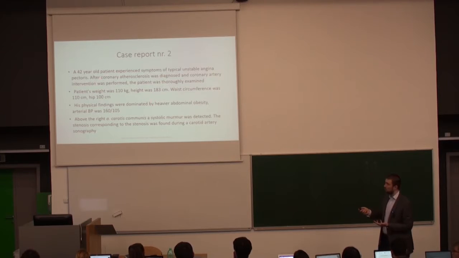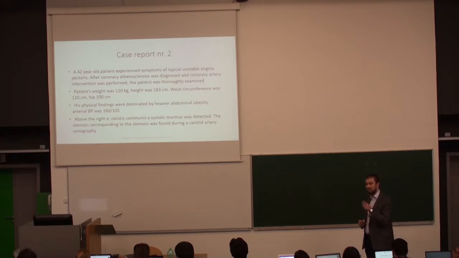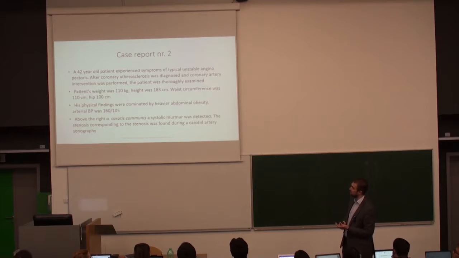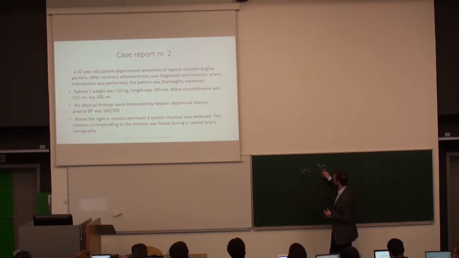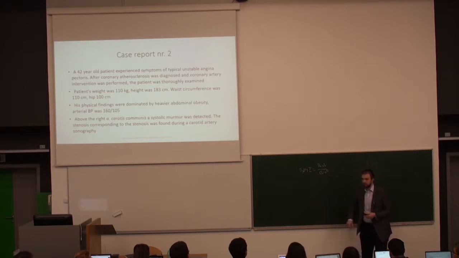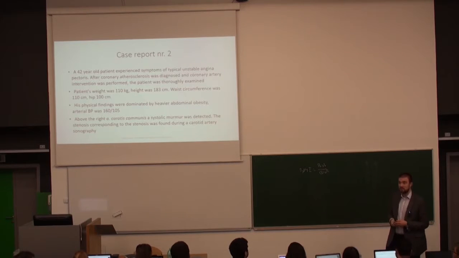The body weight was 110 kilograms, and the body height was 183 centimeters. So right now, calculate the body mass index, and I will ask you in a few minutes how high it was. Do you know what body mass index, BMI, is? It means the body weight divided by the height squared. 32.8.